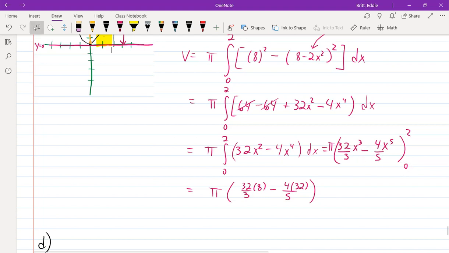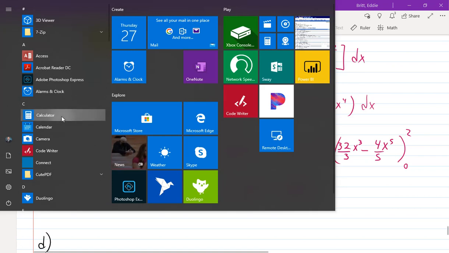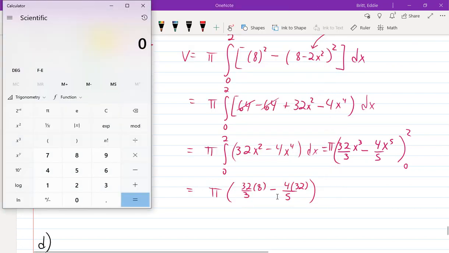All right, so now let's bring up my good old calculator. So it looks like my common denominator is going to be 15. And so I'm going to take this number right here, 32 times 8. Since my common denominator is going to be 15, 3 goes into 15 5 times. So I'm going to say this number times 5.